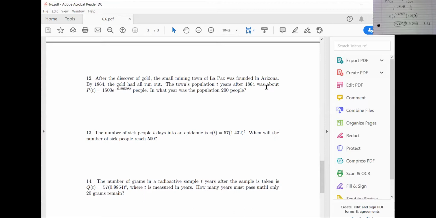So I guess it depends on exactly after the beginning of 1864, after the end of 1864, but 6.8 is about 7 years, so about 1871, I'd say. The population was reduced to 200 people.